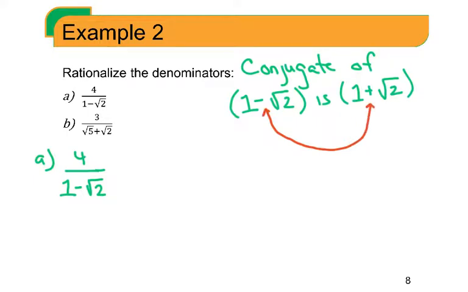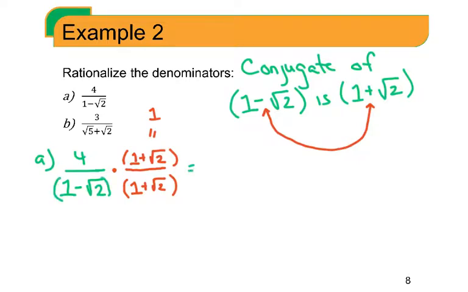It's a binomial term, and so we're going to multiply by the conjugate, 1 plus the square root of 2. And if we do that on the bottom, of course, we better do that on the top so that we're multiplying by something that's equivalent to 1. And I'll just go ahead and put this in parentheses.